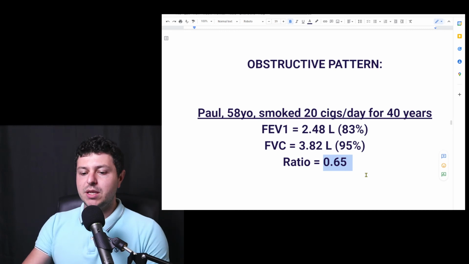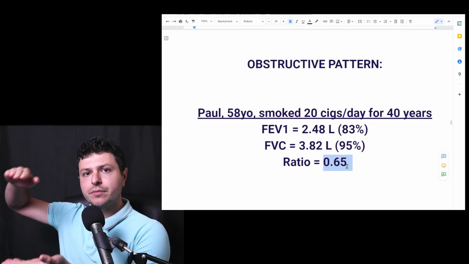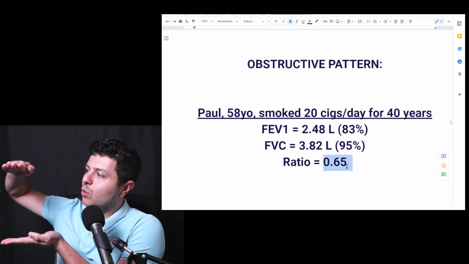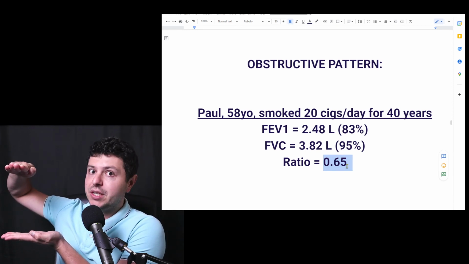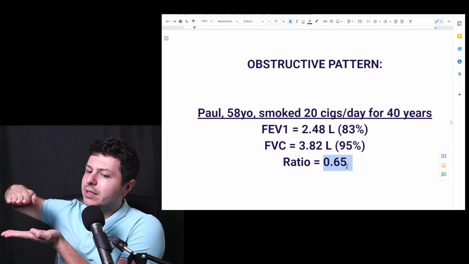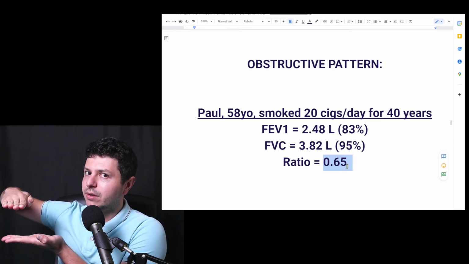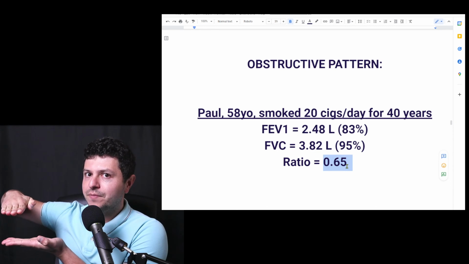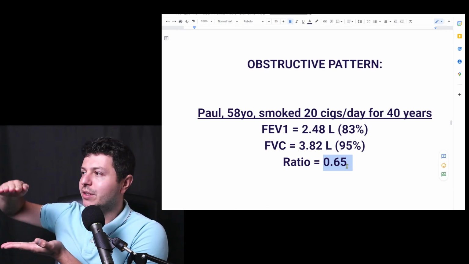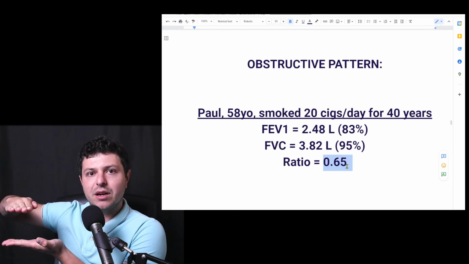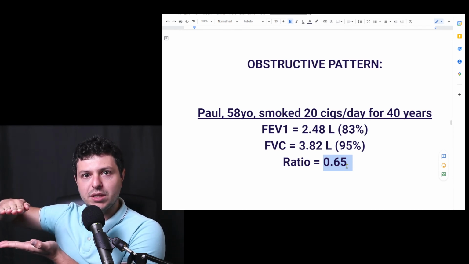So this ratio just means that if you imagine that the maximum volume of air is this, when Paul is blowing out in the first second, he can only get out 65% of that total volume in the first second. And that's abnormal. That's what we call an obstructive pattern. It means that there's some kind of a blockage and he cannot get that air out as fast as we would expect.